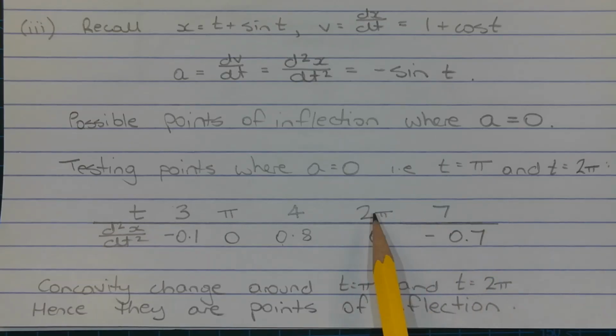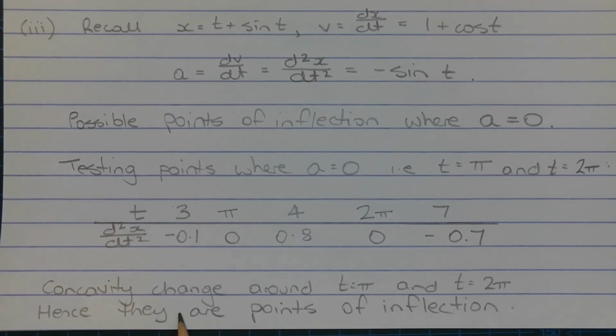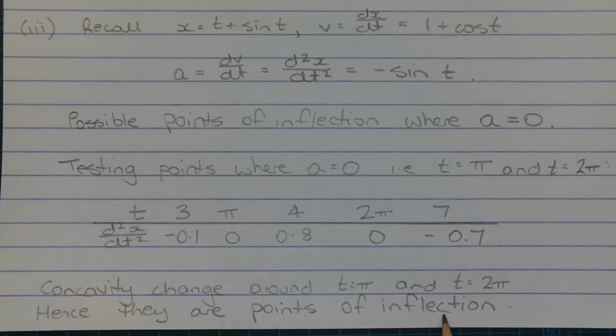Testing around t equals 2 pi, when t is equal to 4, the second derivative is 0.8, and when t is equal to 7, the second derivative is negative 0.7. Again, we have a change of sign in the second derivative, which means a change of concavity around t equals 2 pi. So we have a concavity change around t equals pi and t equals 2 pi, hence they are points of inflection.